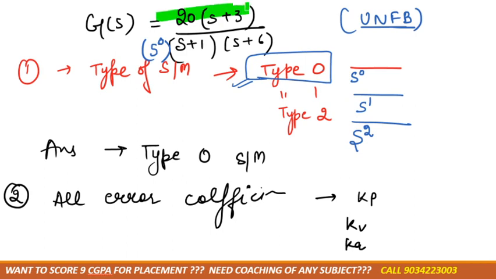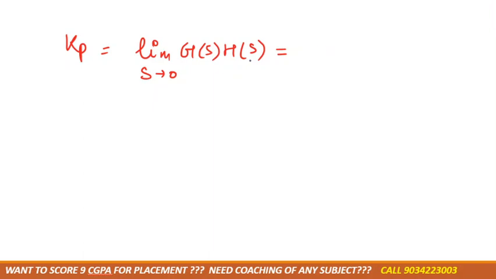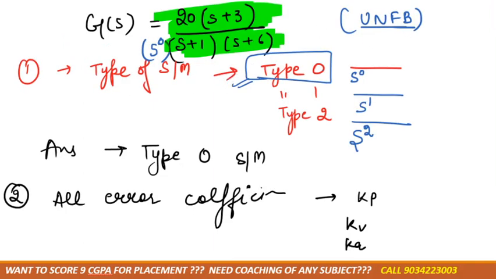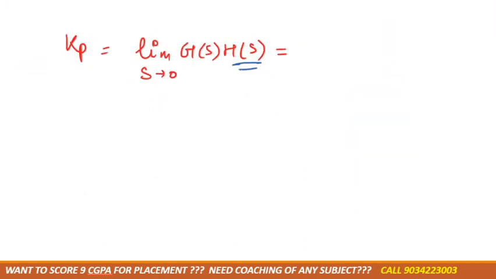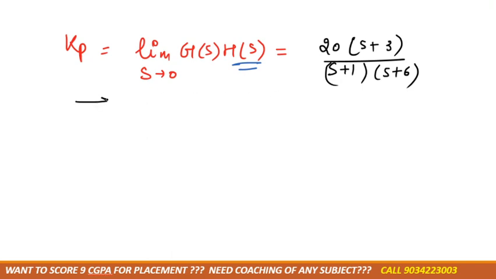So G(s) is this one, 20(s+3) divided by (s+1)(s+6), and as it's a unity feedback, unity feedback means H(s) equal to 1, correct? Now substitute the values, and we get 20(s+3) divided by (s+1)(s+6). Now see that in this case we have to convert the equation into the form of 1 plus s, like we remember we did in the Bode plot also.